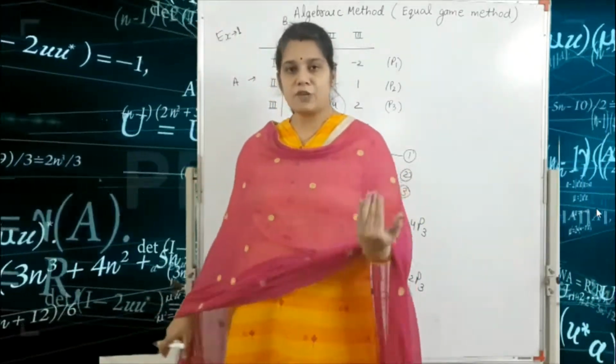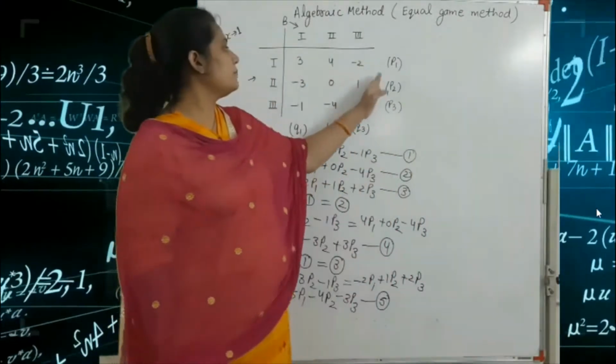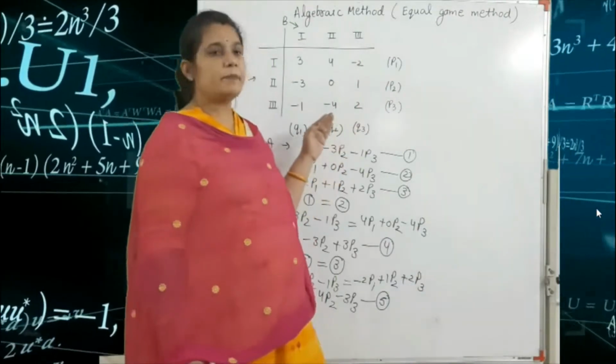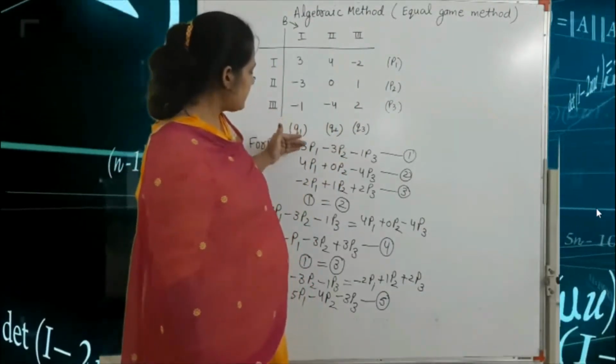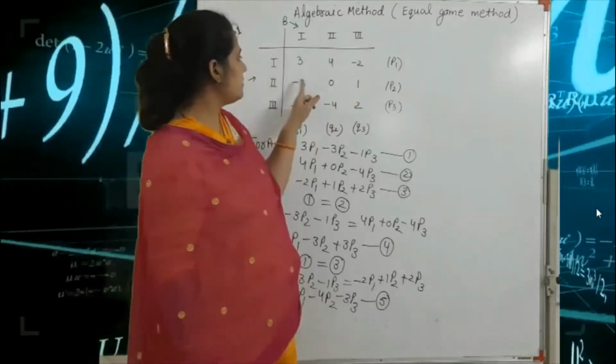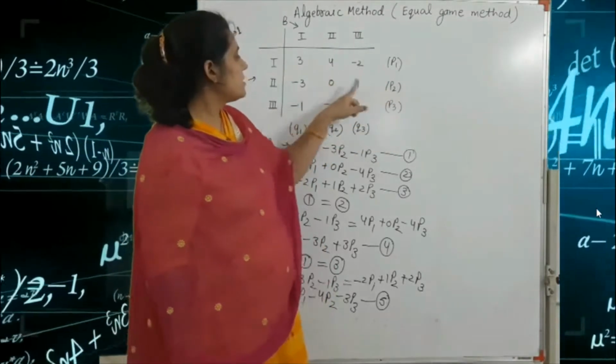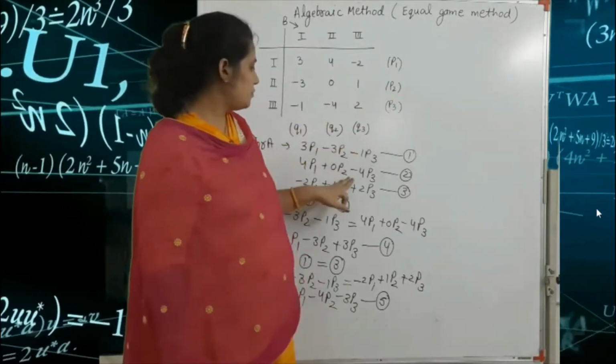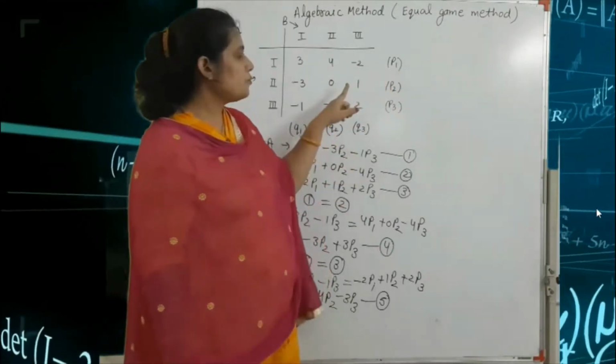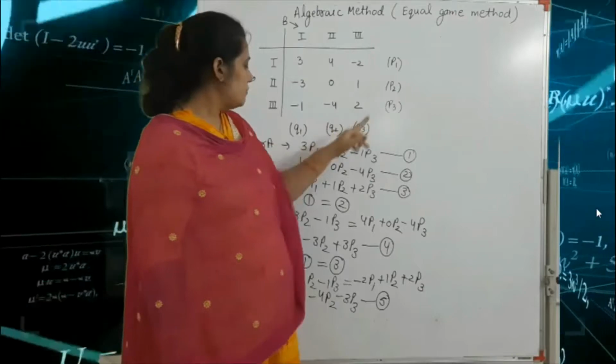That means first we use P1, P2, P3 for player A, and we write the 3 equations: 3P1 minus 3P2 minus P3, 4P1 plus 0P2 minus 4P3, and minus 2P1 plus P2 plus 2P3.